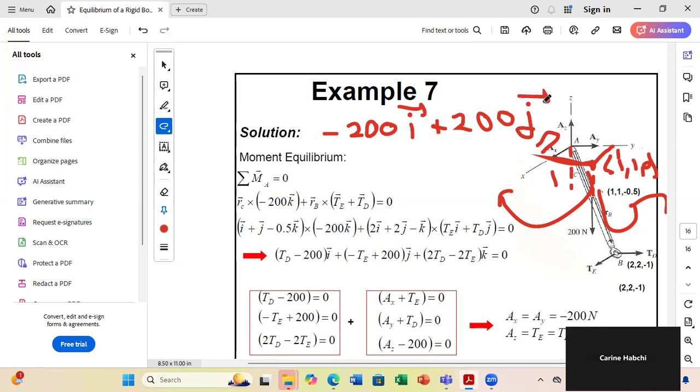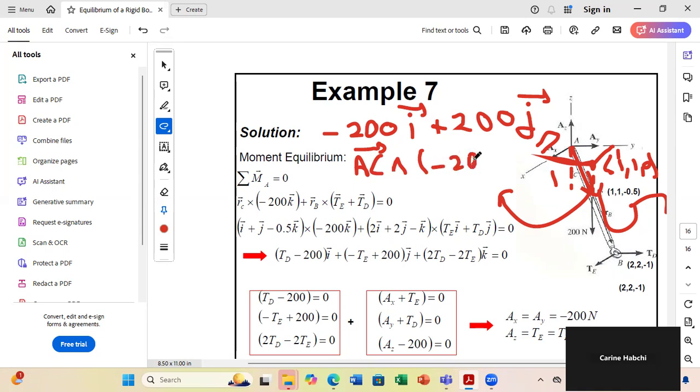If you don't want to use the right-hand rule, you use the vectorial cross product. The weight is passing by C, so you can do AC vectorial the weight. The weight is minus 200k.